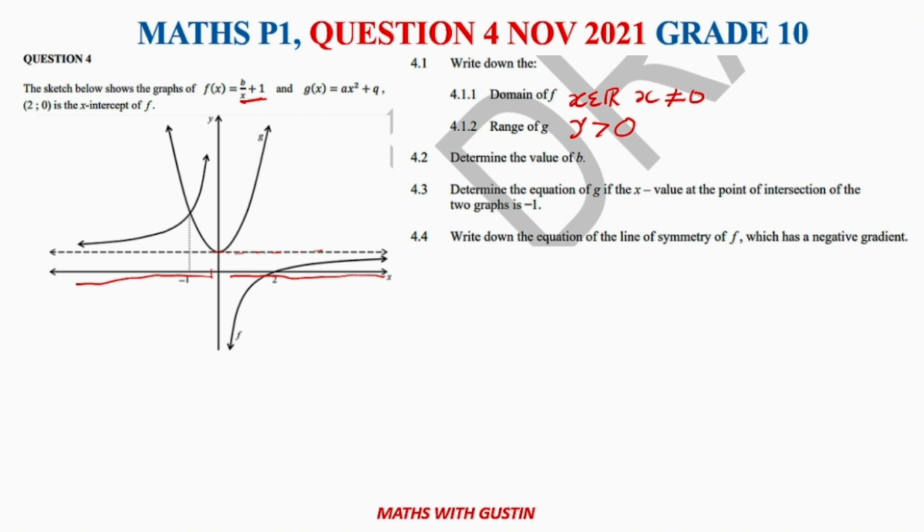Now 4.2, determine the value of b. Where is b? b is right here on the hyperbola. We're given f of x is equal to, oh, I made a mistake here.